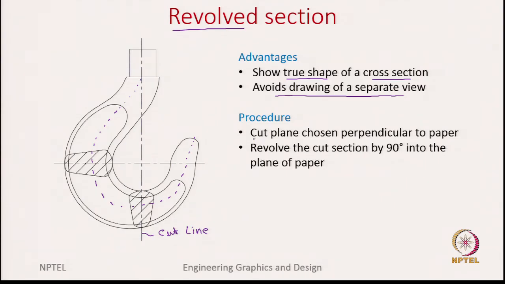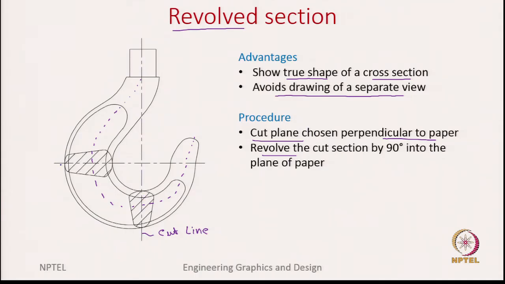So, here we say that the cut plane is chosen perpendicular to the paper. Here what I meant by paper is the primary viewing plane. For example, here is the front view, let us say, and then you rotate the cut section by 90 degrees to the plane of the paper. Okay. So, here is one section we are showing.